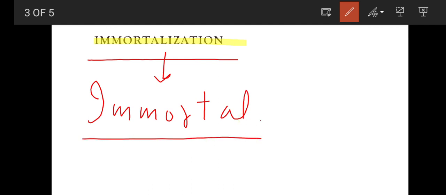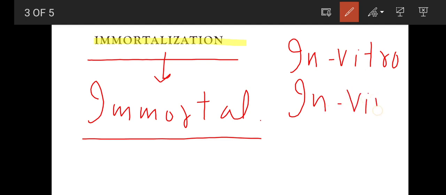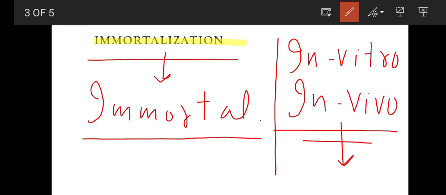Normal cells have a limited capacity to grow and divide, both in vitro as well as in vivo. Even if they are provided with optimal growth conditions, they will cease dividing after a certain number of generations, and then senescence will occur and they die.